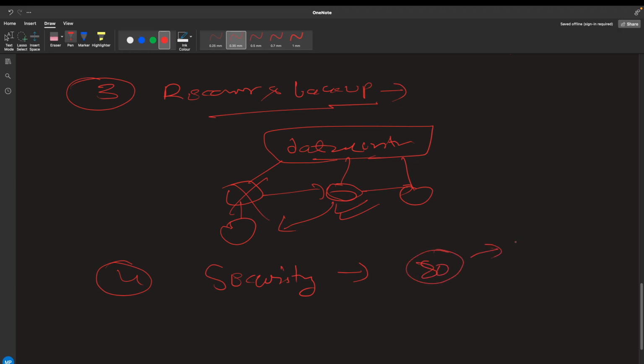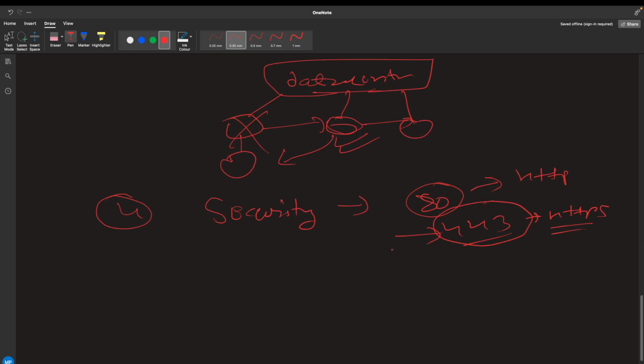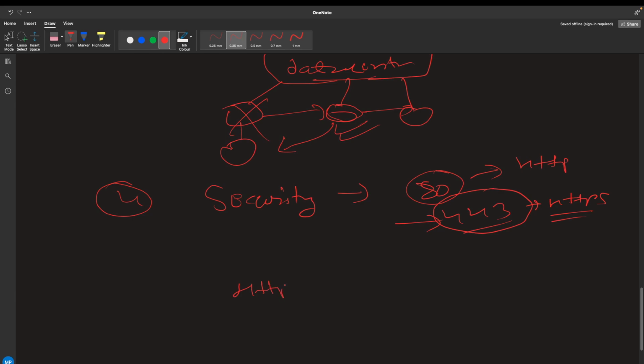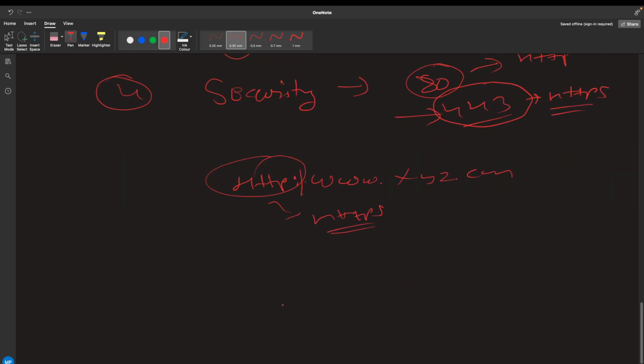Port 80 is for HTTP, and port 443 is for HTTPS. If you specify that your website should only be accessible through port 443, no one can access your website through http://www.xyg.com. They can only access it through https. That's the thing in security.